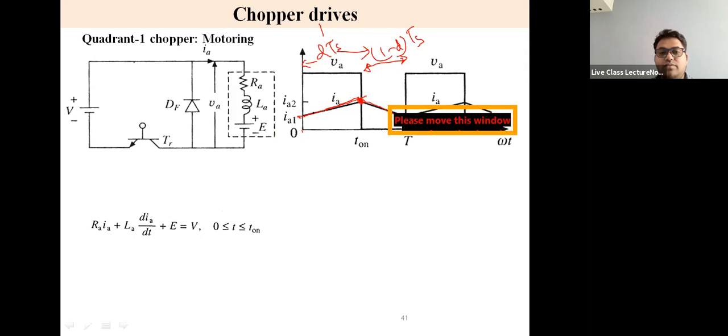And most of all, we should remember that the steady state current after the switch is off and when the switch is just turned on is the same. That is this one. And what is the average value of the current? It will go just through the midpoint, right? So this would be the average value of the current. This is the T on time and this is the T off time.